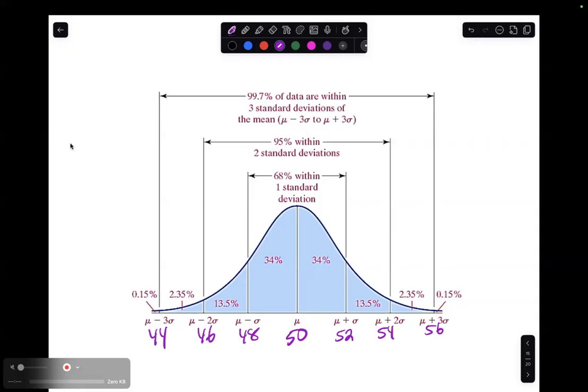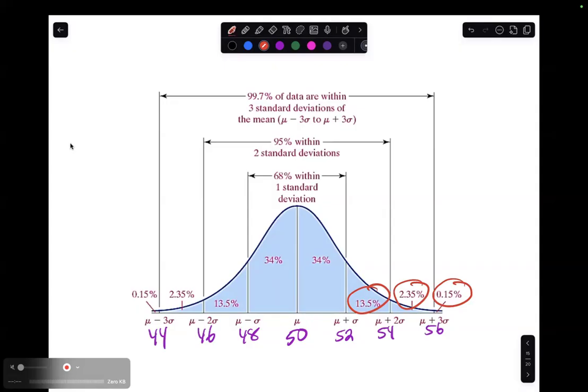I want to know what percent of all data values are above 52. That would include this right here, this right here, and this right here.